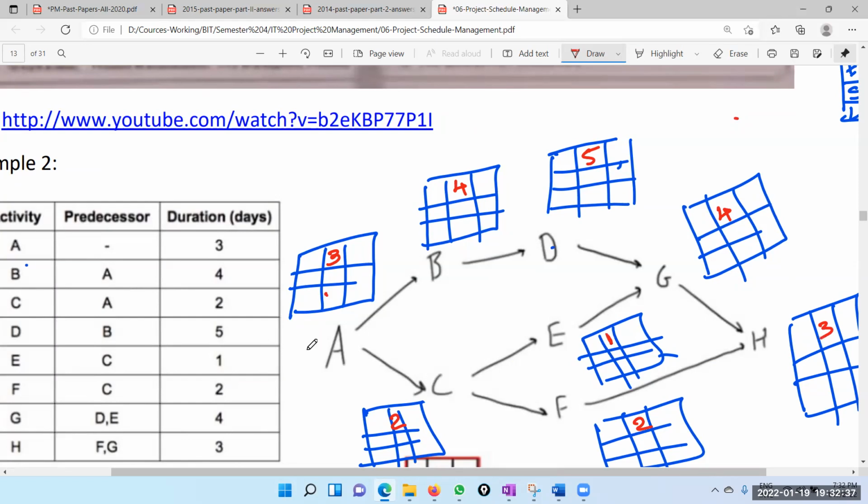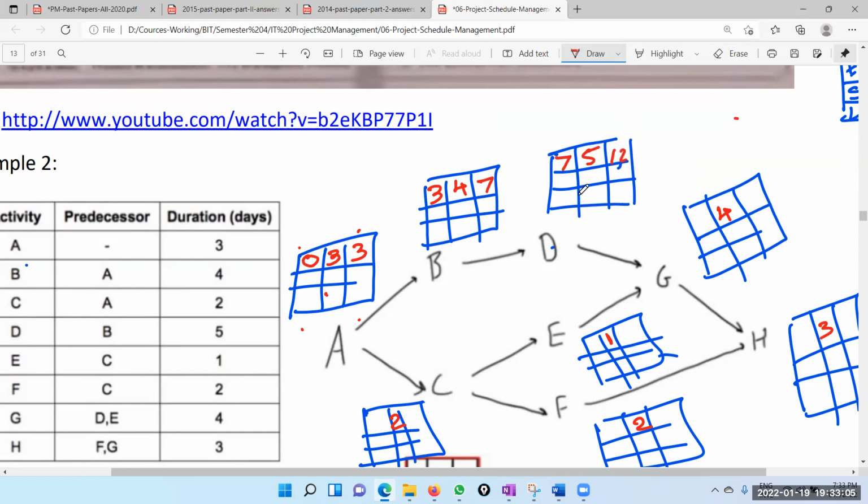So now we can start. Remember, earliest start, earliest finish, late start, late finish. So let's say earliest start is 0. So 0 plus 3, earliest finish is 3. That earliest finish can be the earliest start here. So 3. 4 plus 3 is 7. That can be the earliest start here. 7 plus 5 is 12.